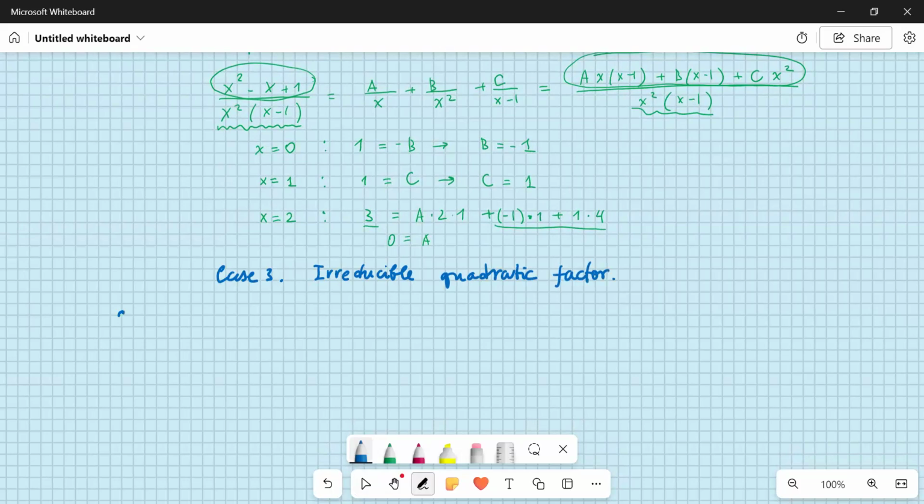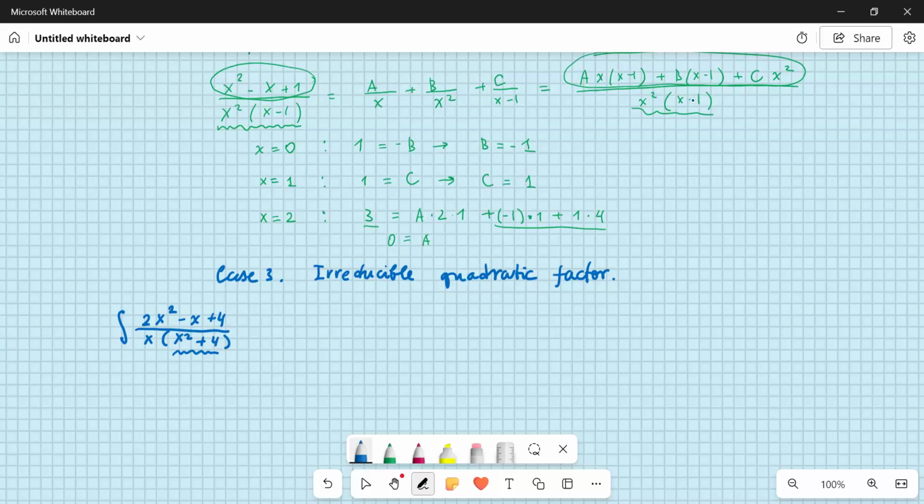What is an irreducible quadratic factor? Let me first consider the integral of 2x squared minus x plus 4 over x times x squared plus 4. Well, guys, if you look at this expression, you're going to see that this factor, x squared plus 4, you cannot factor any more because it has no zeros.